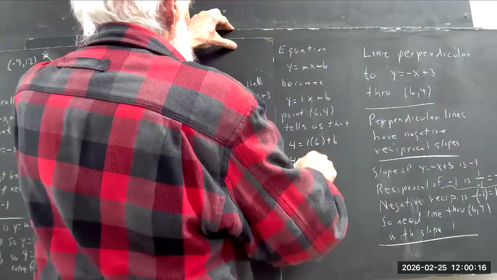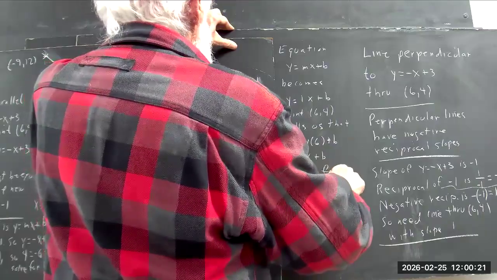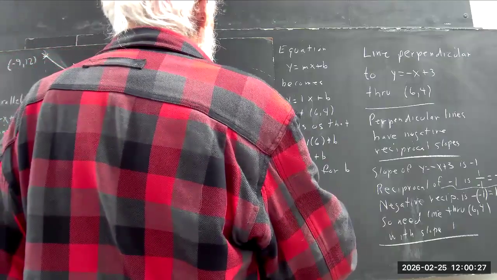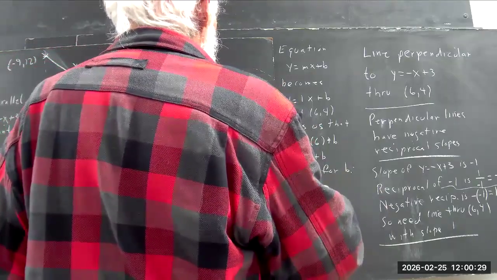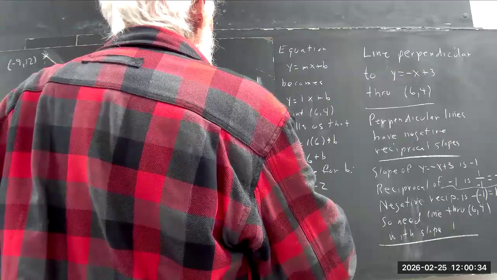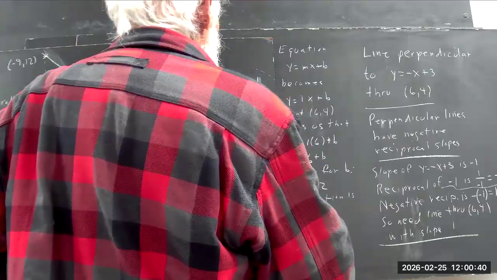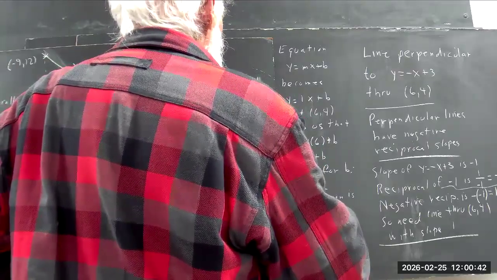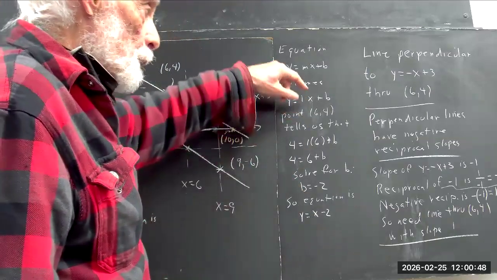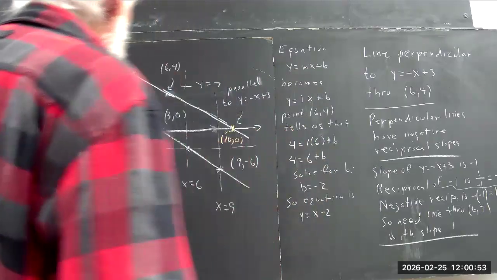That is, 4 then equals 6 plus b. And we solve for b, subtract 6 from both sides. Get b equals -2. So the equation y equals 1x plus b, and we'll just write x instead of 1x, becomes y equals x minus 2.